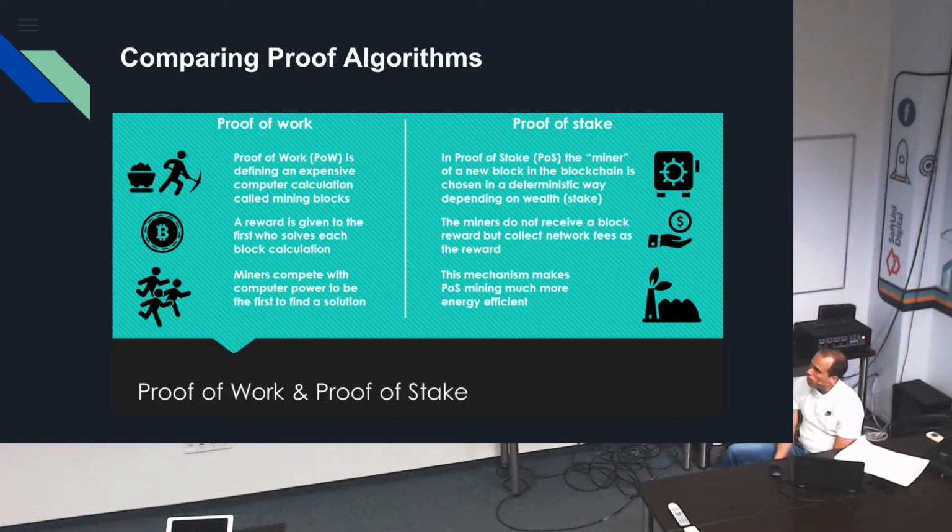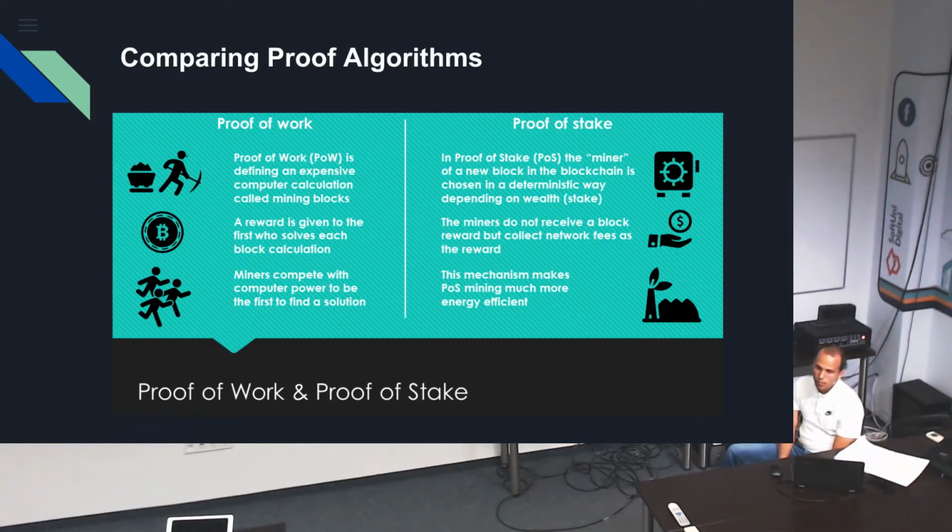So the proof of work actually is a mechanism that shows that the miner did spend some time actually trying to solve the cryptographic puzzle. In the end, the reward is given to the first one who actually, with luck, with a lot of calculations, managed to solve the puzzle. And all the miners compete with computer power to be the first to find the solution, the right answer.